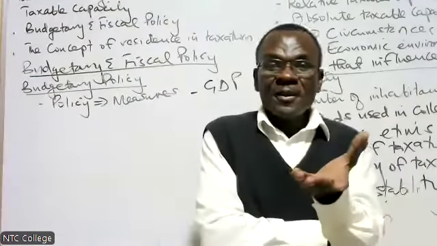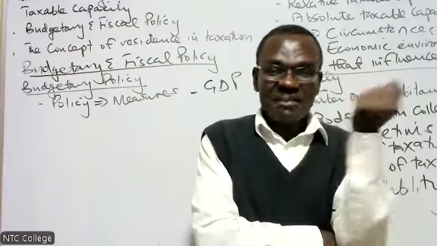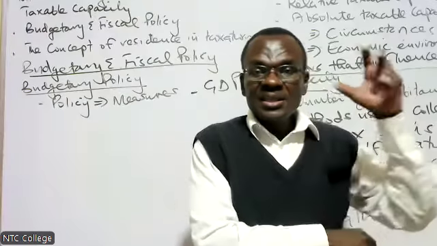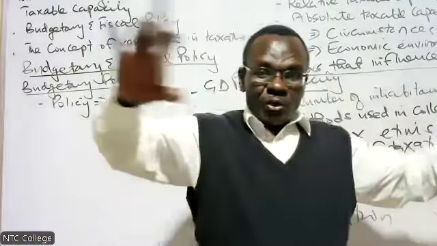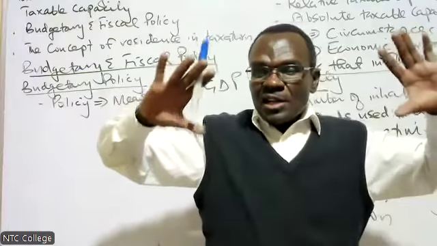So if the government has a target to grow GDP, say, by 5%, now this must be targeted or spread in different sectors. For example, Kenya is mainly an agricultural country.